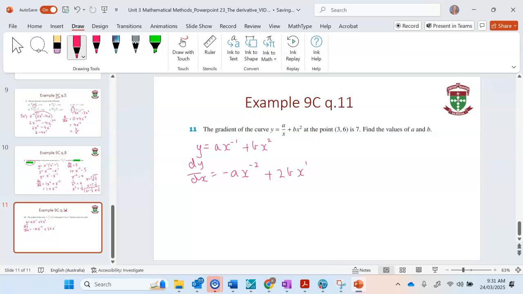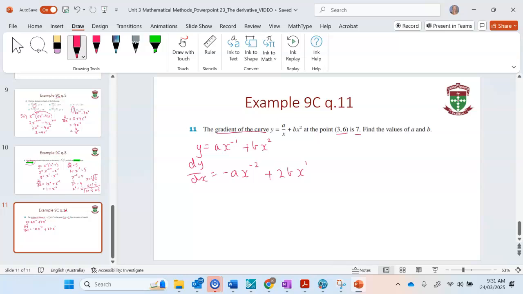All right, so we know that the gradient of the curve at this point is 7. So we've basically got two unknowns, our A and our B, so you need two pieces of information. So this 3, 6.